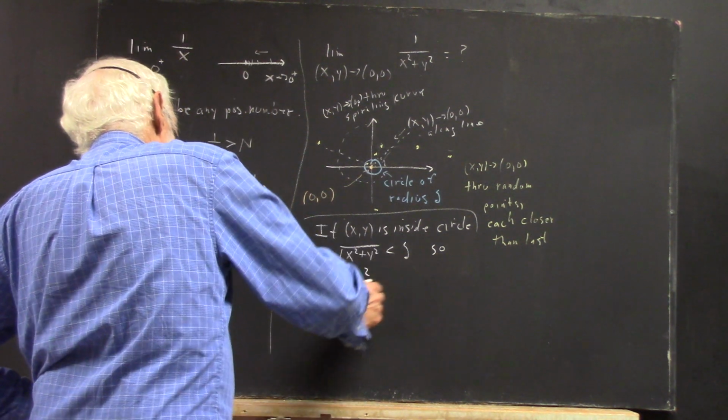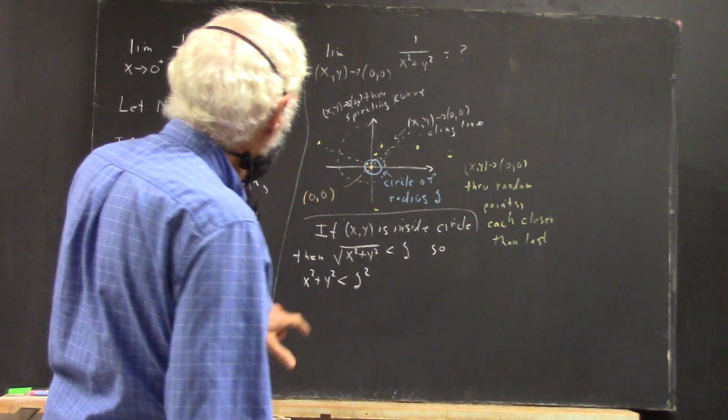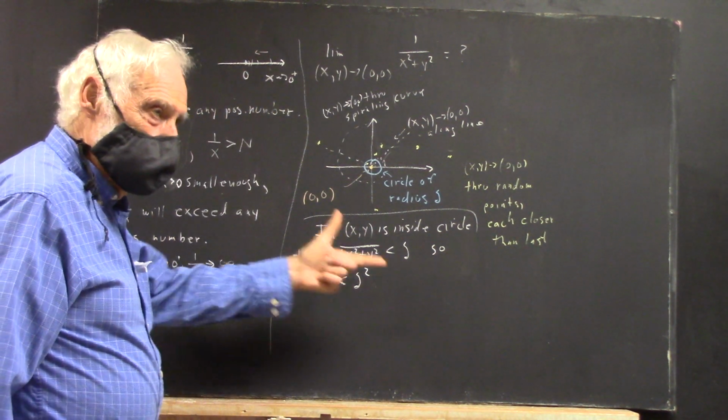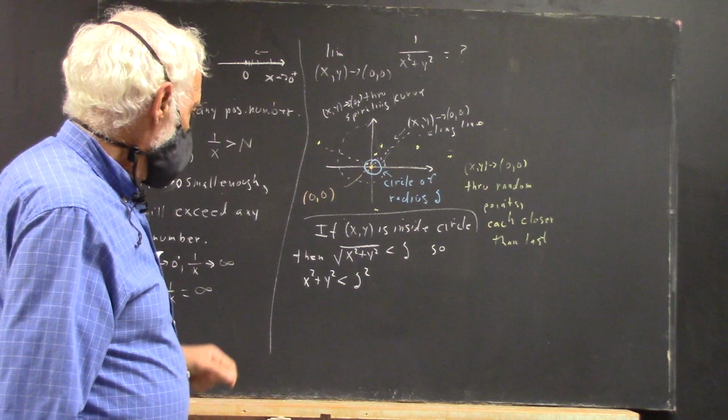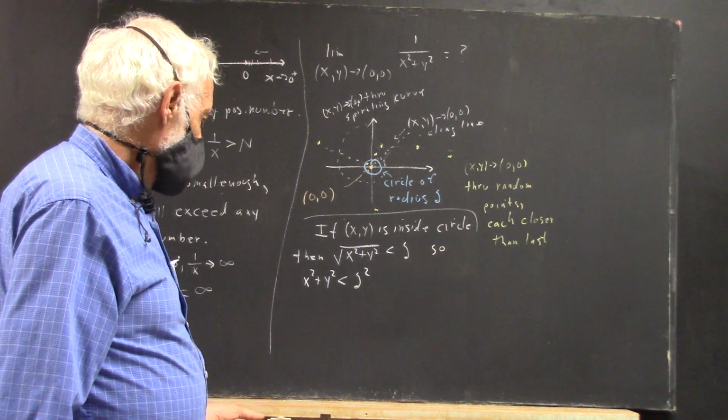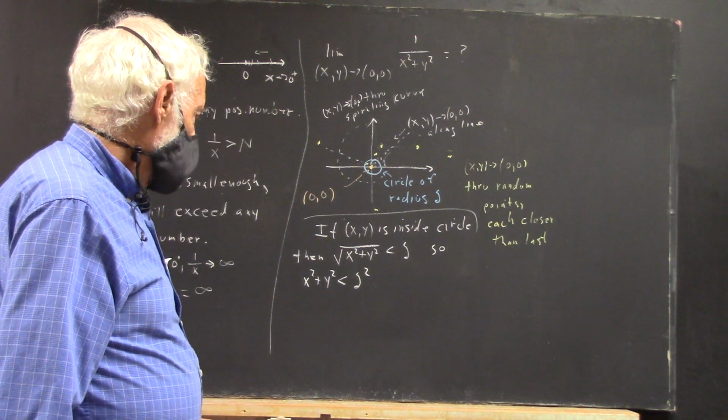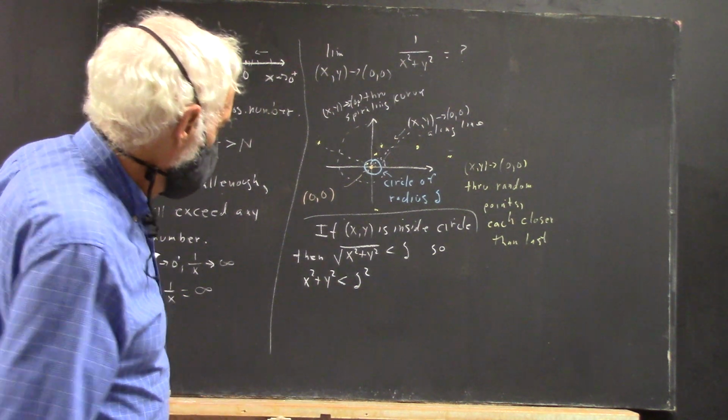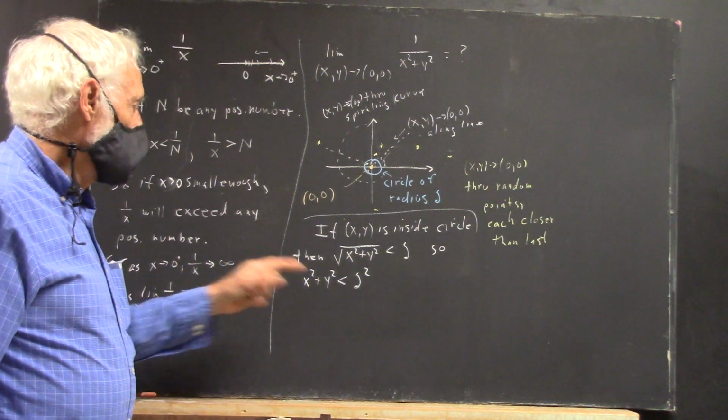Probably not a good choice to have used delta, but I used it anyway. It still works, just not with the notation that you use in a formal proof.